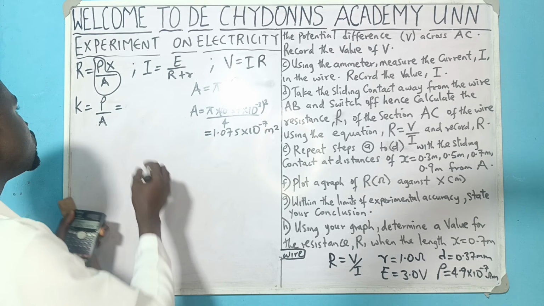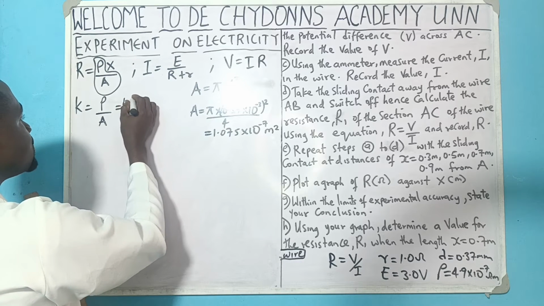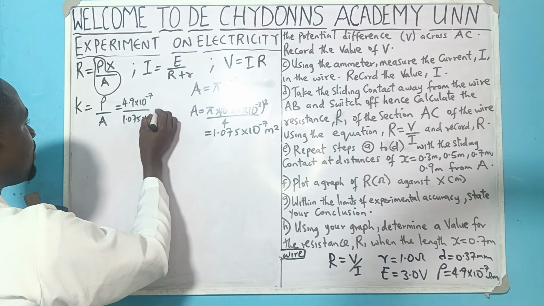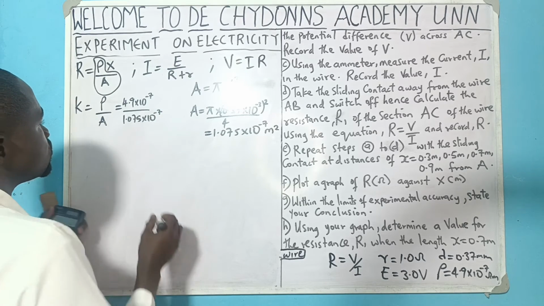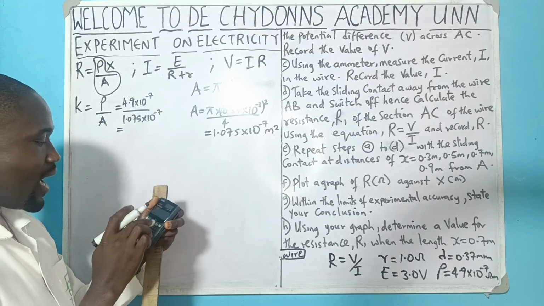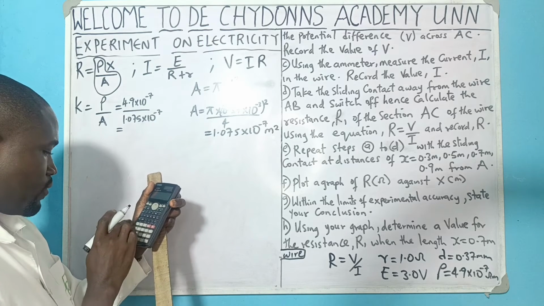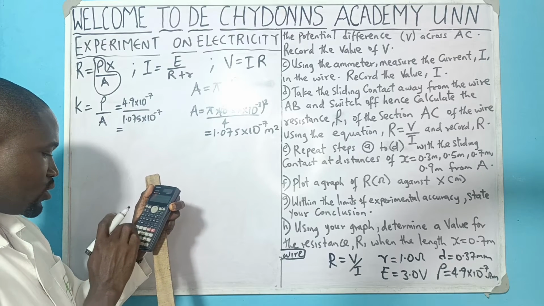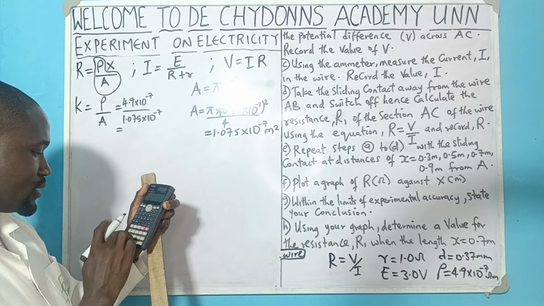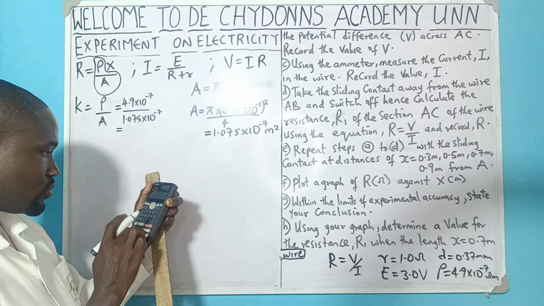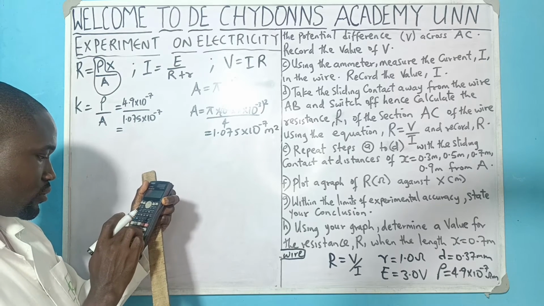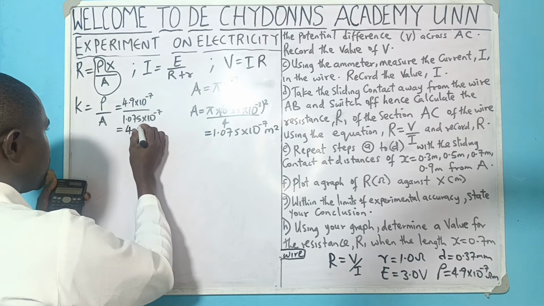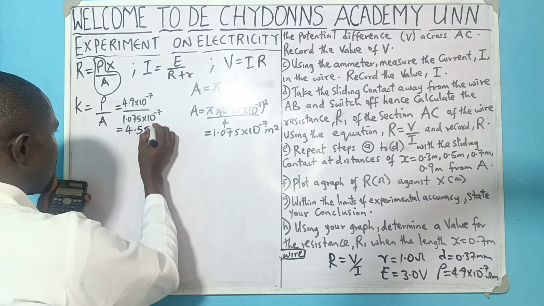That is the area. So K will be equal to 4.9 times 10 raised to power minus 7 all over 1.075 times 10 raised to power minus 7. That gives us 4.558.